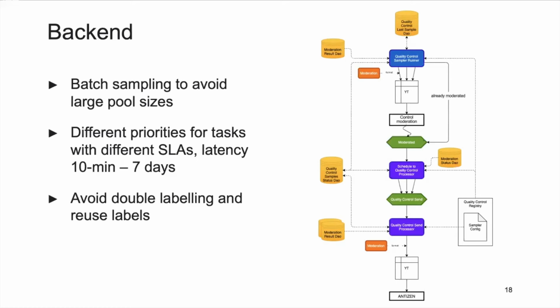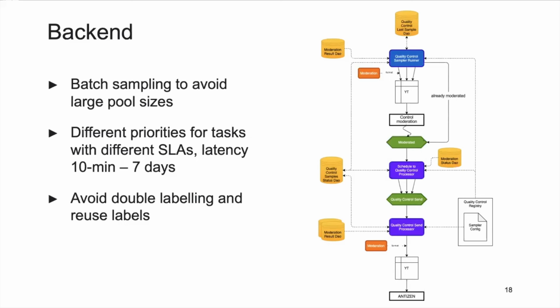We also implemented different priorities for tasks with different SLAs because we upload different tasks to Toloka. For some of them, for example trending content, we don't want to wait too long, and we have a high priority for these tasks. But for some tasks, for example when we estimate the results of A/B experiments, we might wait for up to 7 days, and it's fine. So we wanted to have this flexibility.